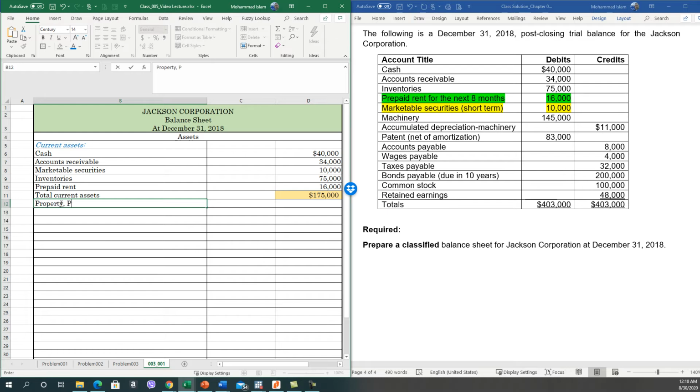And then property, plant and equipment. This is going to be a different type of asset, so that is why I'm using a different color.